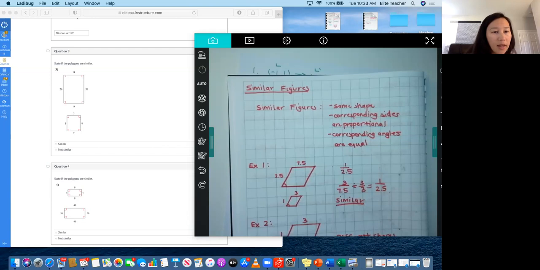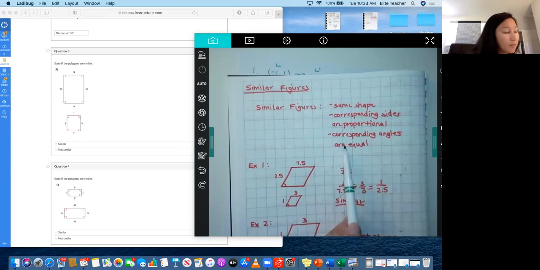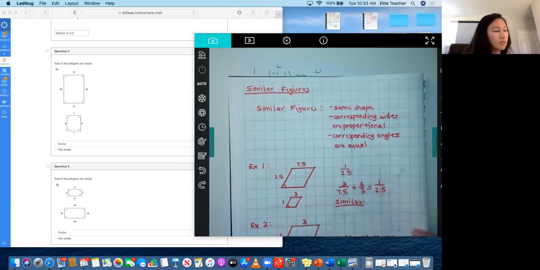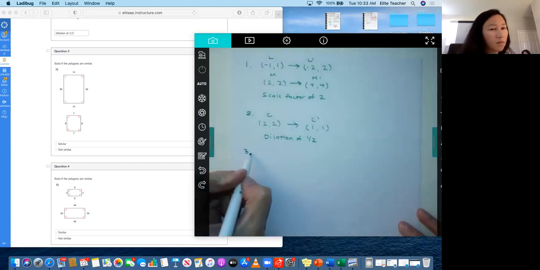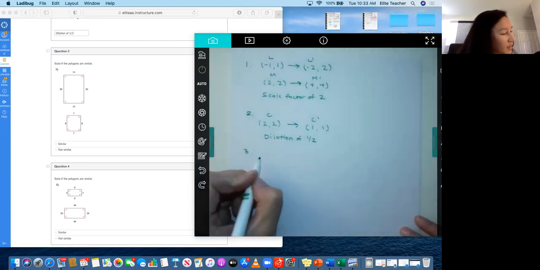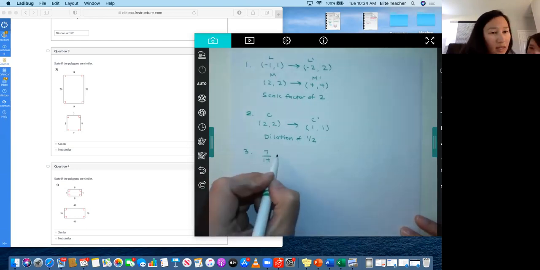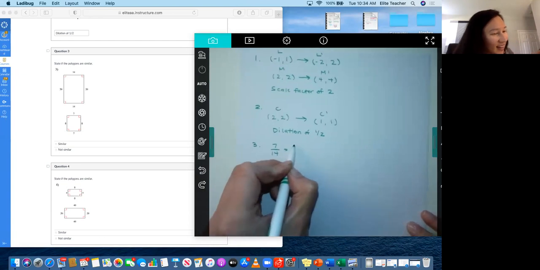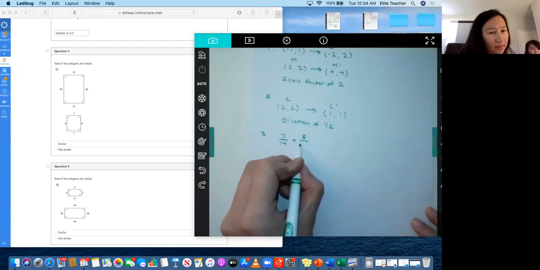So yes, they're the same shape. They're both rectangles. The corresponding angles are equal. They all have 90-degree angles. So now we just have to determine, are the sides proportional? Is 7 over 14, those are corresponding sides, equal to 8 over 20?